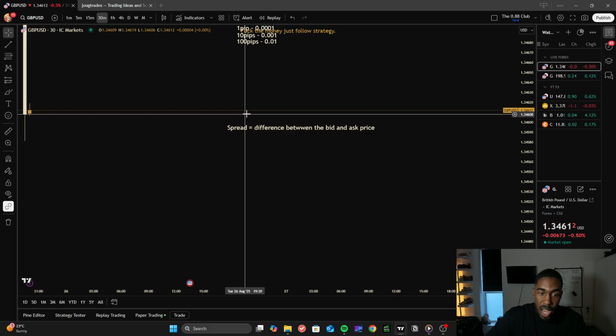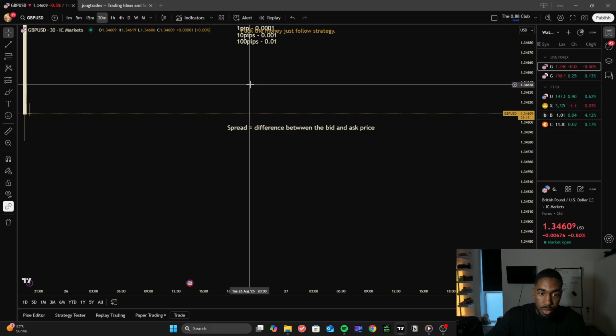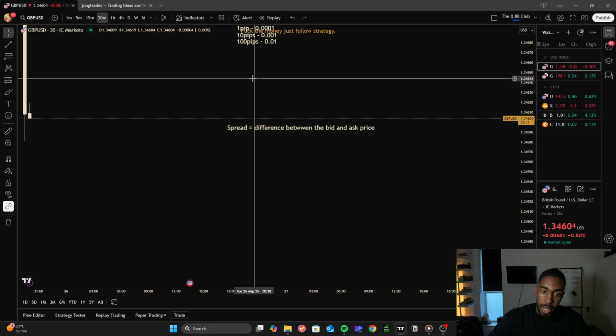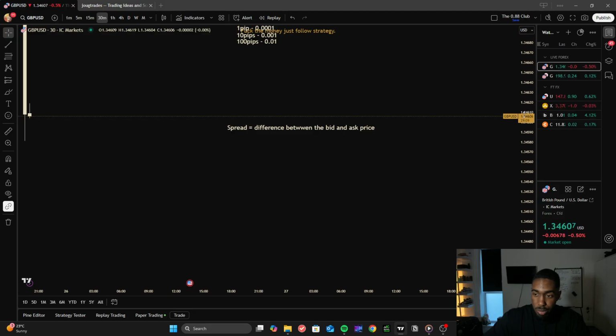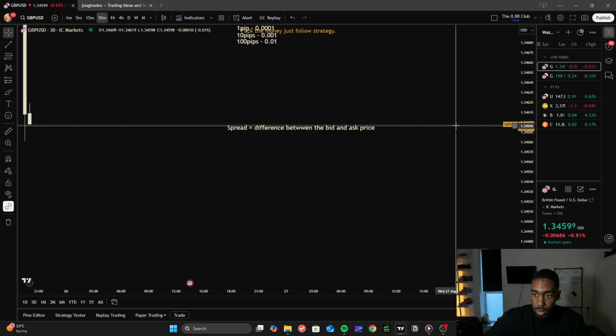So you might have a spread of 2 pips, 5 pips, 1 pip. What that means is that if you buy with a spread of 1 pip, you're going to get automatically placed at a loss of 1 pip. So say you enter where price is currently here, you might get filled a bit higher. That's what that means.